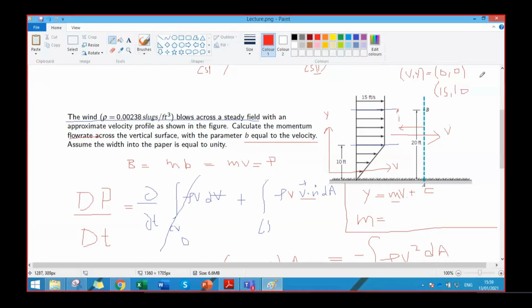So what is the slope? 10 minus 0 divided by 15 minus 0, so 10 by 15 or 2 by 3. This is the slope. What is c? c is 0. So the equation of velocity would be v equals 3 by 2 times y, right?